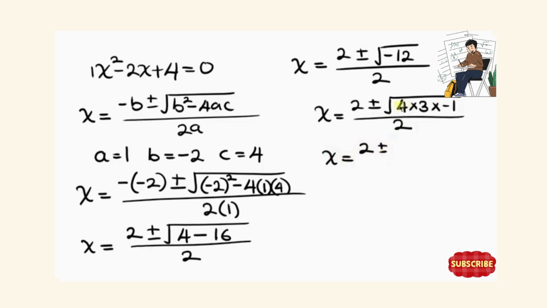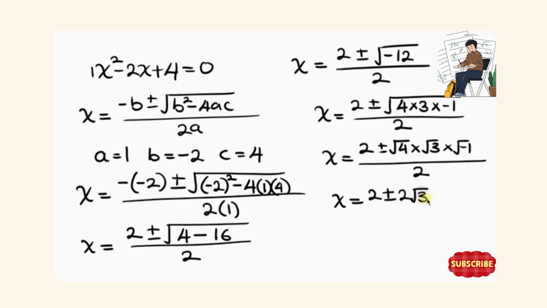So x now becomes 2 plus or minus. Remember what we did by separating each of these terms. So we have the square root of 4 times the square root of 3 times the square root of negative 1, all over 2. So x now becomes 2 plus or minus the square root of 4 is 2 times the square root of 3, so times root 3. Now the square root of negative 1 is iota, which is i, all over 2.